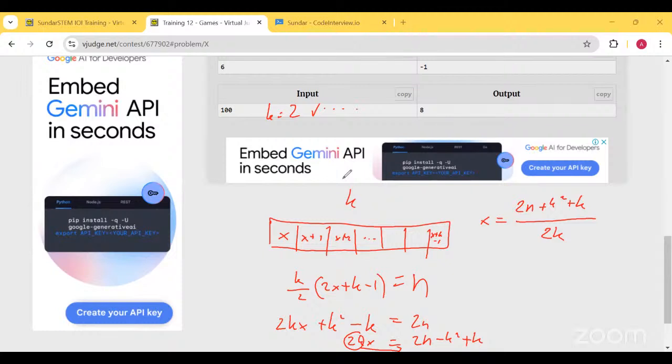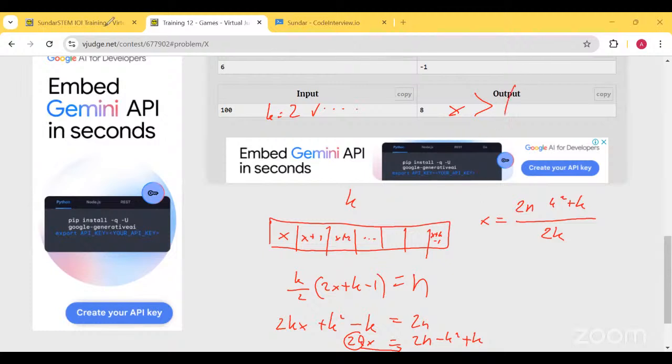And since we know x is greater than, okay, I think this is minus. Yes, that's correct. The formula is the same, I think.